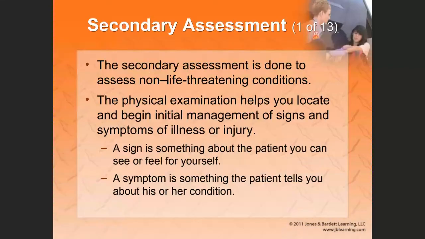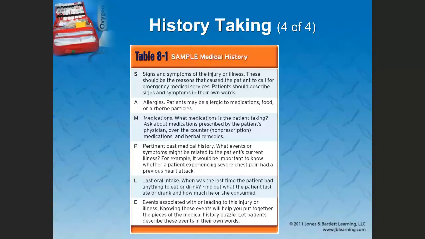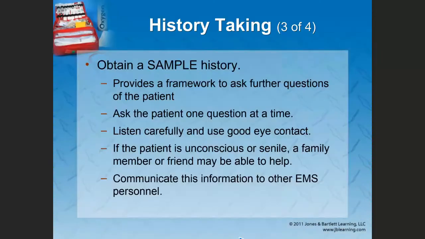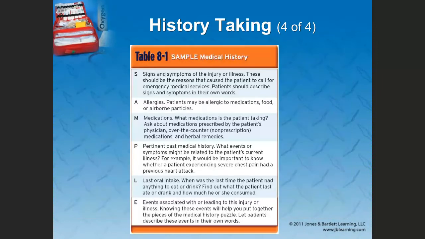All right, now after we have completed the history taking phase, and points to note, we can obtain history directly from the patient. We can get it from family members, we can get it from bystanders, we can look at the scene or the environment, we can look at the patient for clues. If you're unable to obtain any information from the patient, it would be important to look at their pupil reaction.